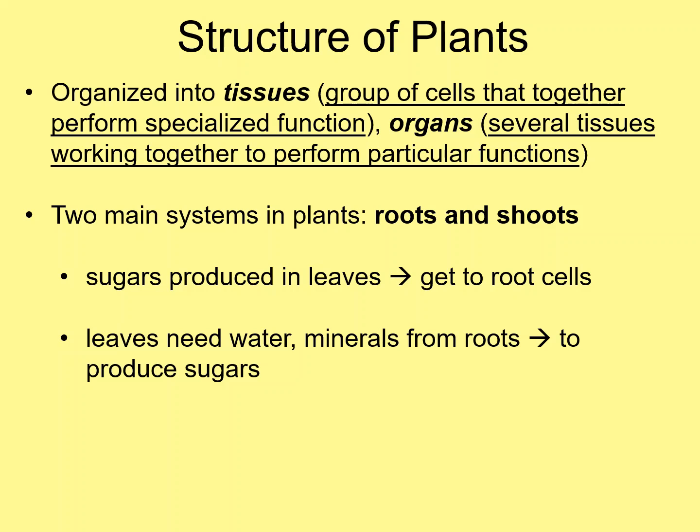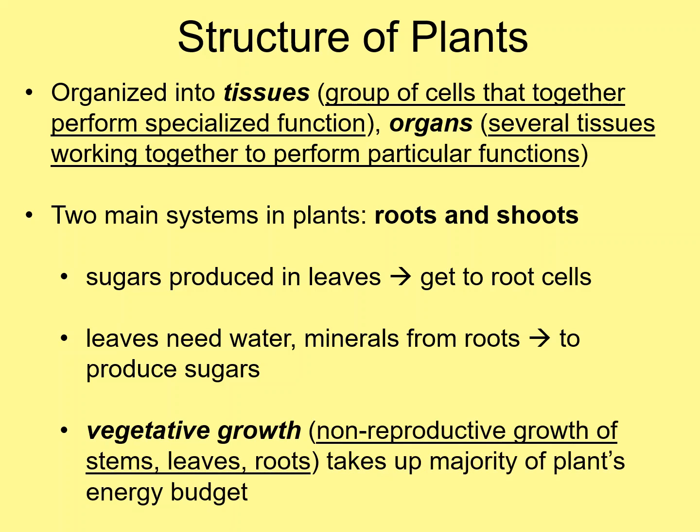So we have two main types of growth in plants, and this is true for other multicellular organisms too, right? You have growth of the body, and then you have reproductive growth of reproductive organs and reproductive effort. And of course, we know we can't maximize both of those things. You have trade-offs that exist.